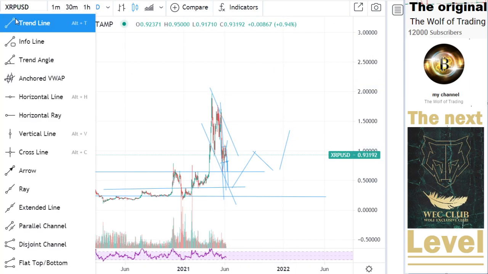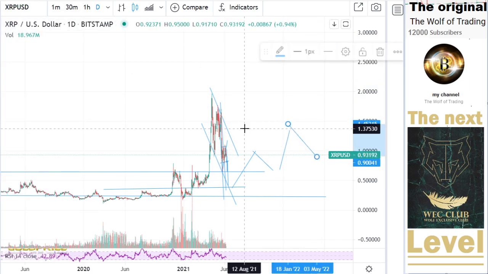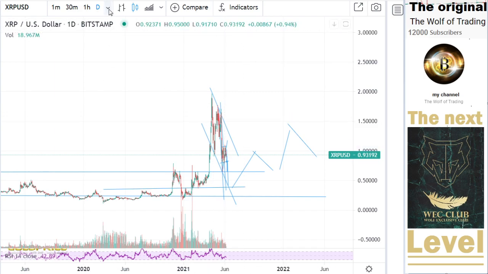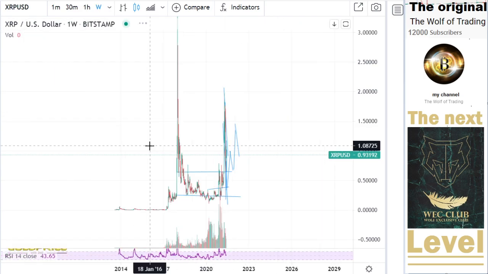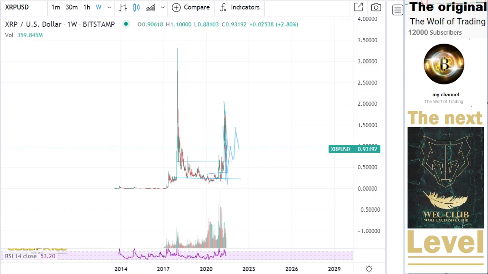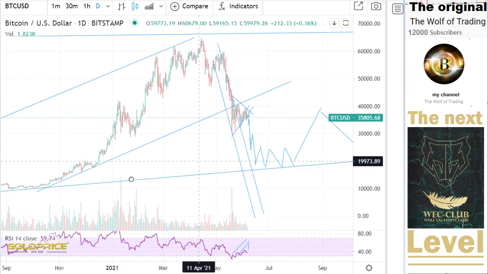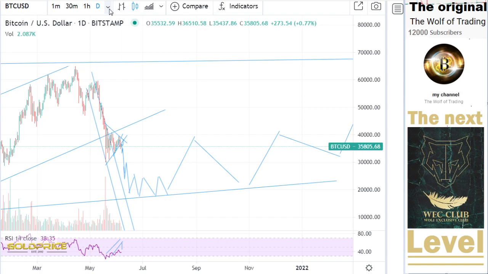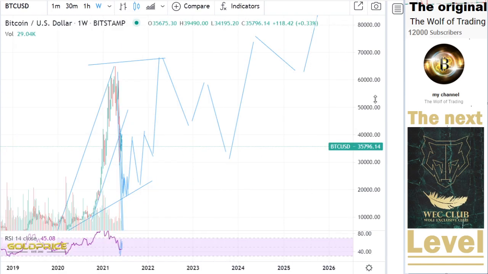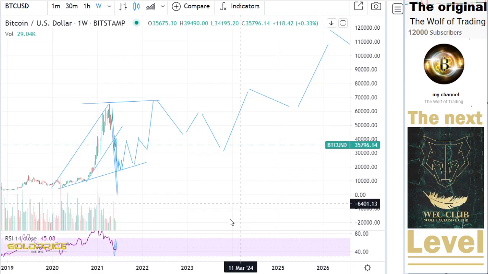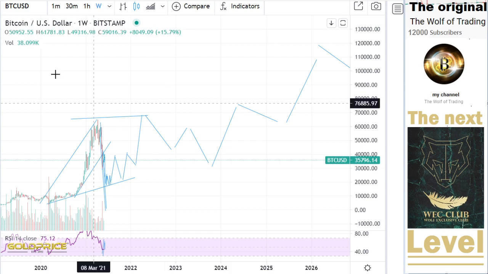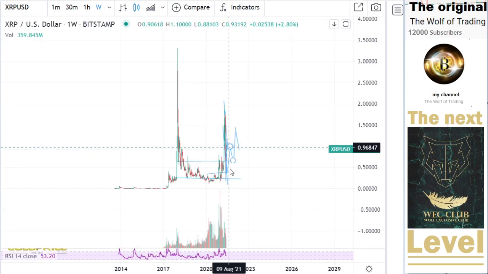But we have to look at what's happening with Bitcoin. If Bitcoin makes this move, what I drew here, then I would say that we will rise to the top side, but we have to look.